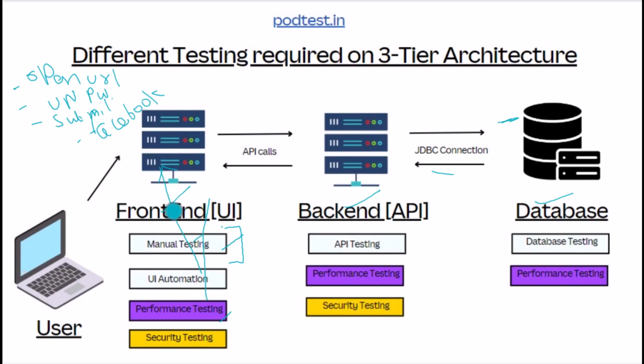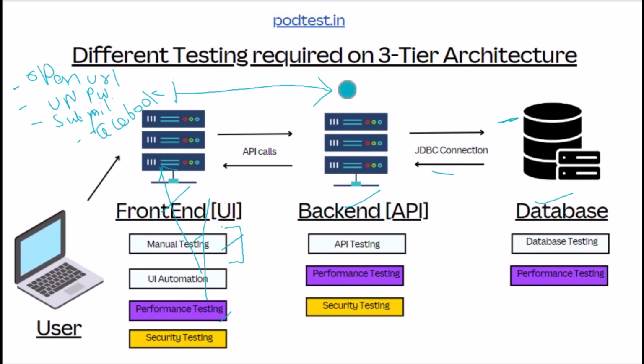Similarly, let's say that you did the login part. You provided the username and password and clicked submit, and let's say this complete transition happened like this. It started from here, it then sent the data here.